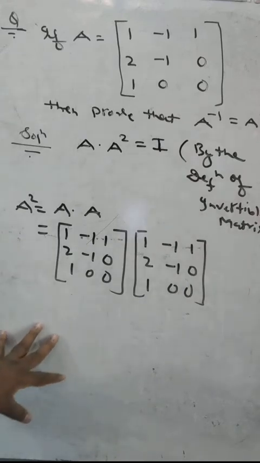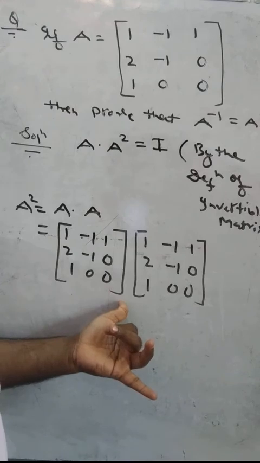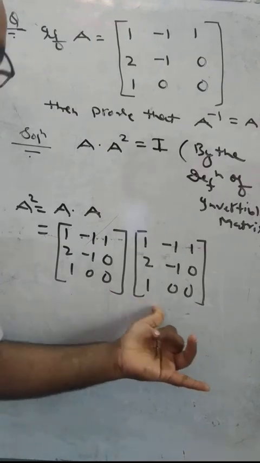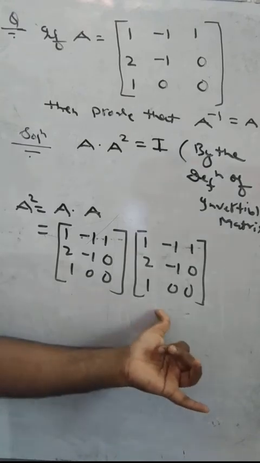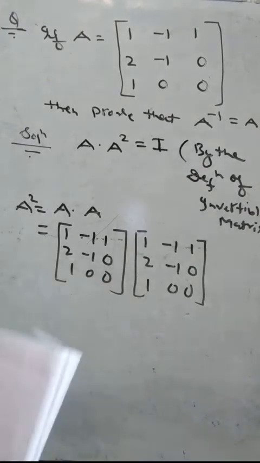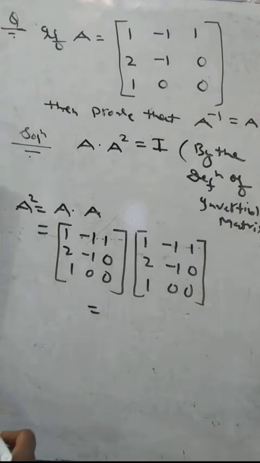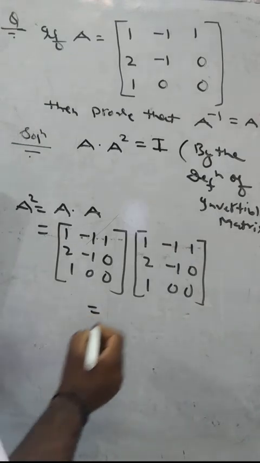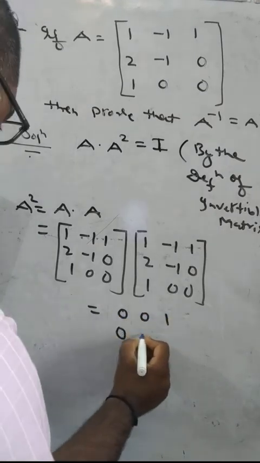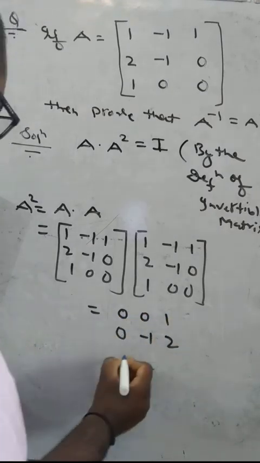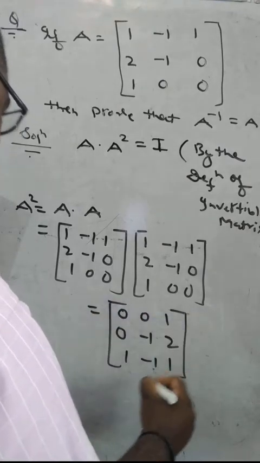Multiplication of matrix happens only when the column of the first matrix is equal to the row of the second matrix. That is because both matrices are 3 by 3 square matrices, so the condition is satisfied. And if you go through the multiplication, we can obtain 0, 0, 1, 0, minus 1, 2, 1, minus 1, 1. This is the value of A square.